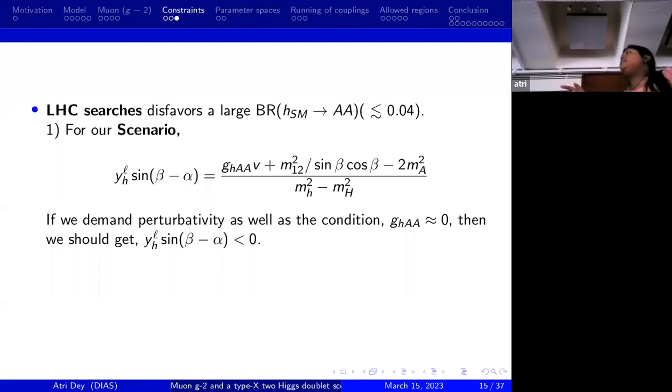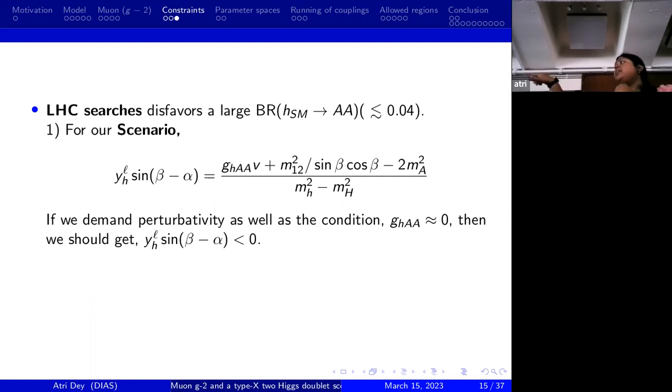If we demand that our standard model Higgs decay branching to A is very small, then the standard model Higgs coupling with A should be small and tend to 0. Experimentally, this GHA has to be of the order of 10 to the minus 3. So here we can write down this YHL times sine beta minus alpha in terms of lambdas and the physical parameters, the mixing angles and all the things.